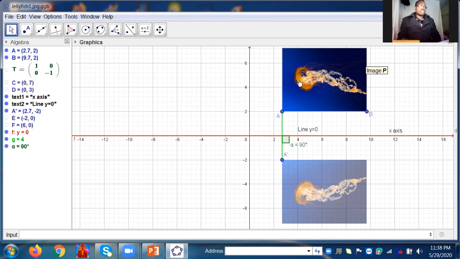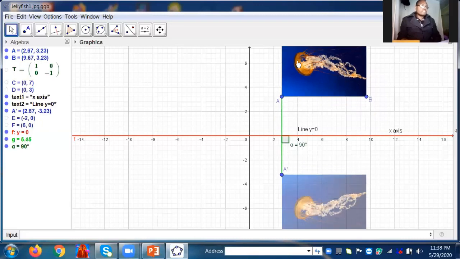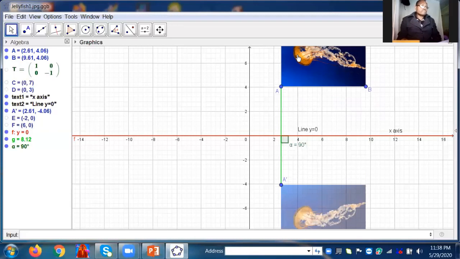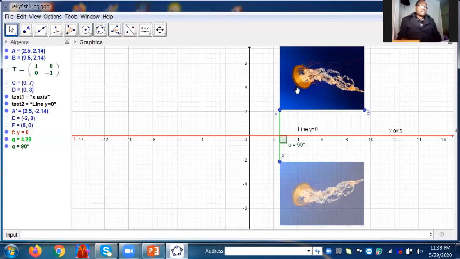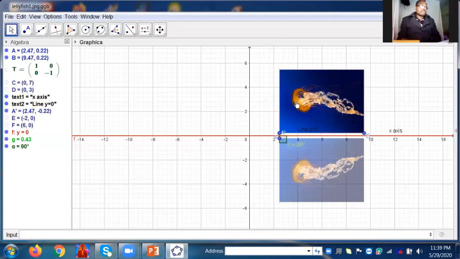The image is the faded one. So when I move the object further upward, the image moves further downward. When I move the object downward, that is closer to the mirror line, the image also moves closer.